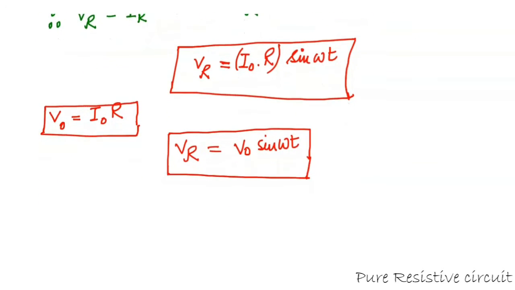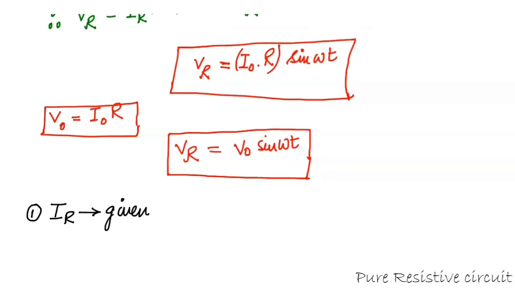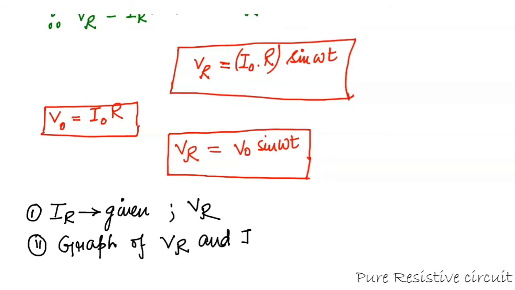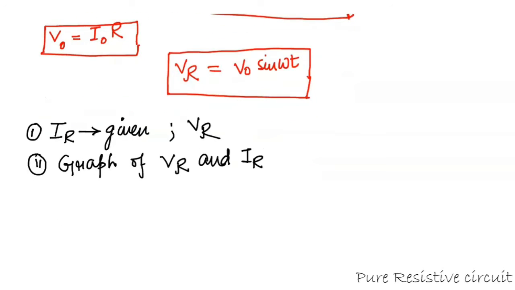Now three things we'll see in this circuit. First, IR will be given and we need to find VR. Second, we will see the graph of VR and IR, and third, we will see the phasor diagram.